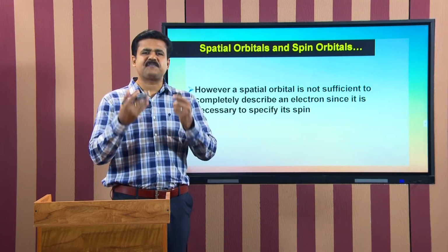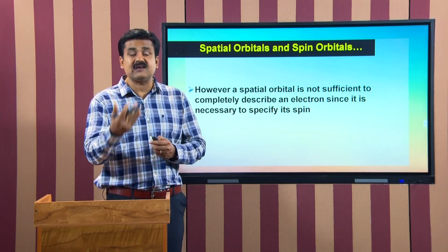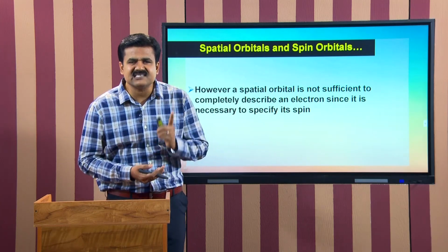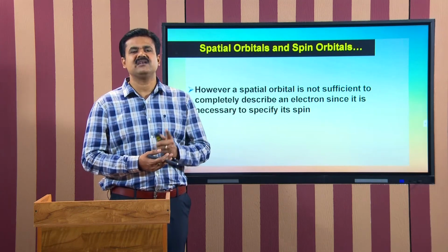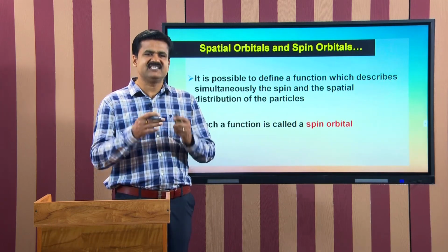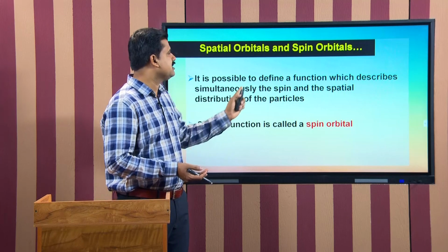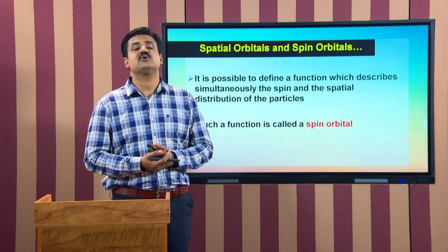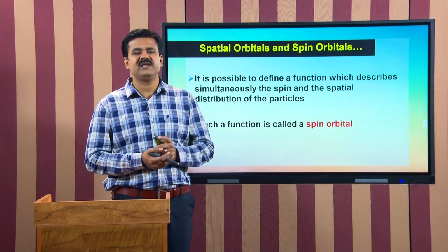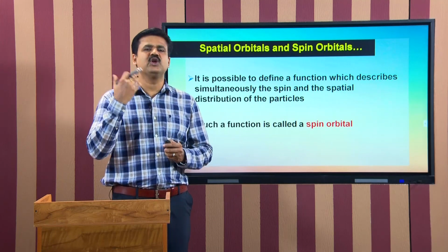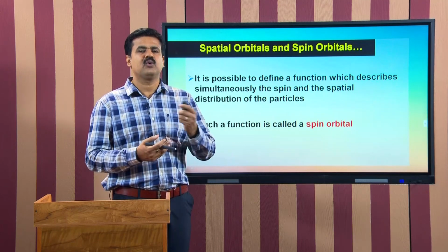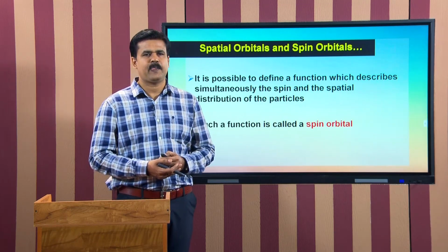However, a spatial orbital is not sufficient to completely describe an electron, since it is necessary to specify its spin function. It is possible to define a function which describes simultaneously the spin and the spatial distribution of the particles. Such a function is called a spin orbital. That is, a spin orbital describes the spin part and the spatial distribution of the electron simultaneously.